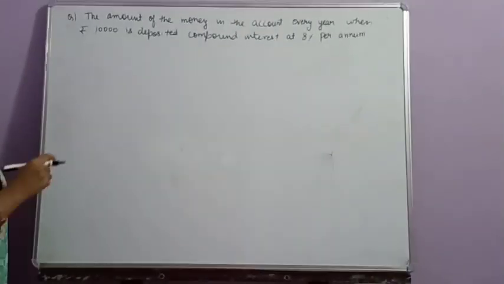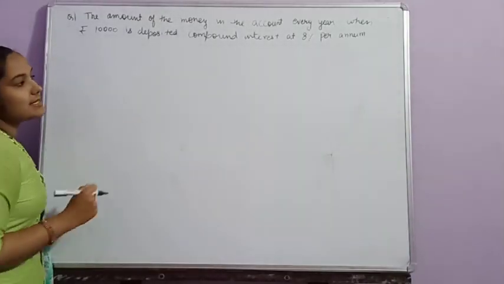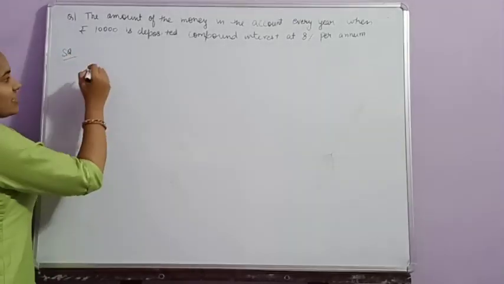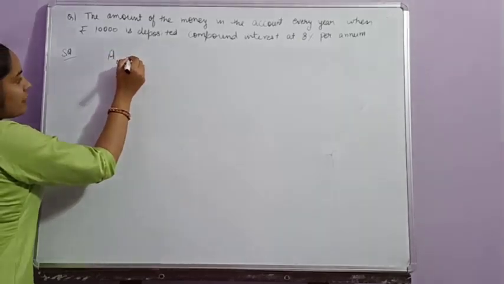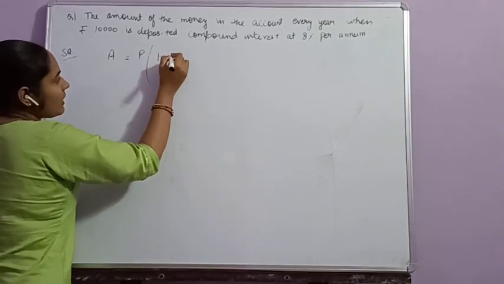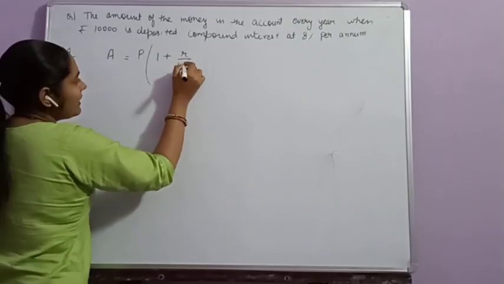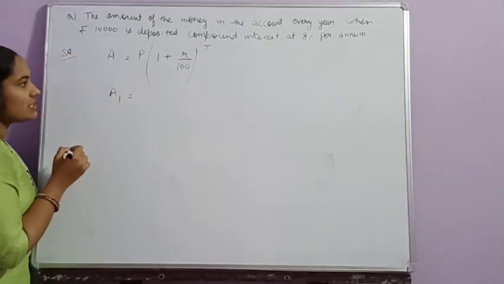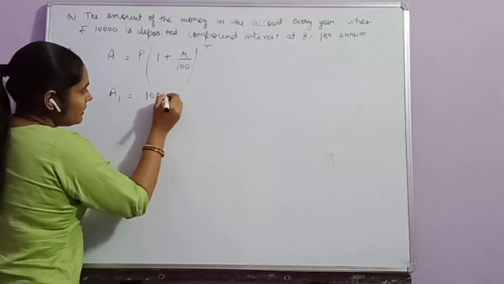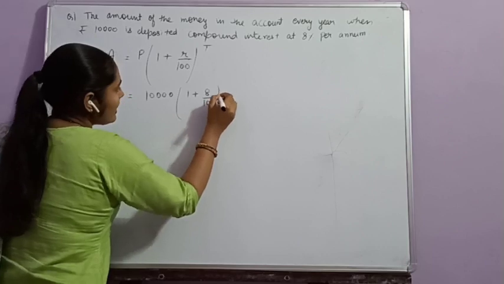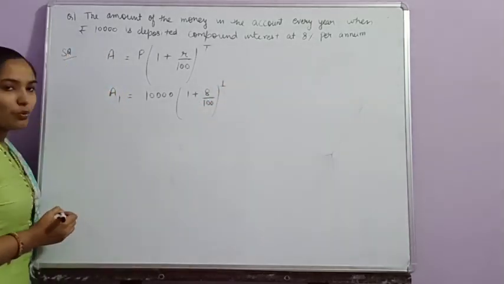Here we are given that total principal is 10,000 and rate is given 8% per annum. Then amount for first year will be principal into 1 plus rate divided by 100 power time. If we find out for first year, then principal is 10,000 into 1 plus rate is 8 divided by 100 raised to the power time is equal to 1 here.